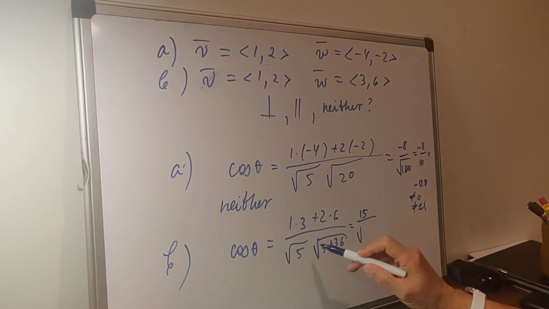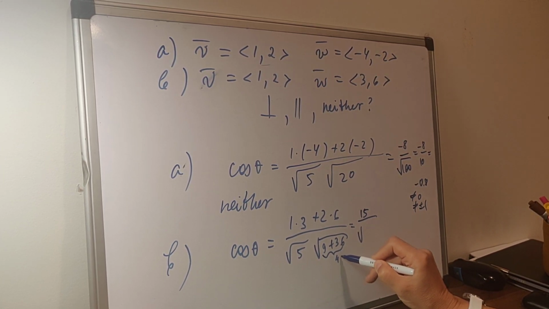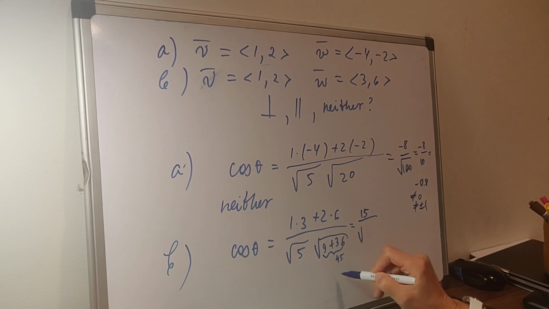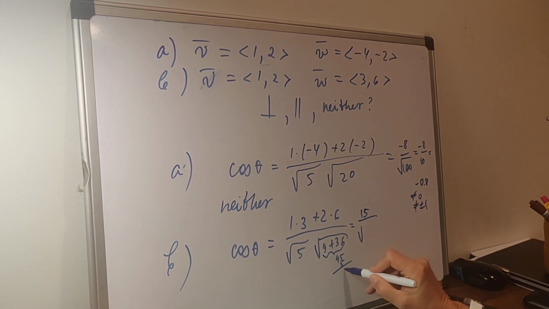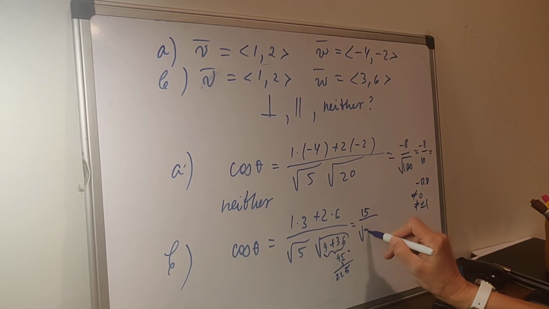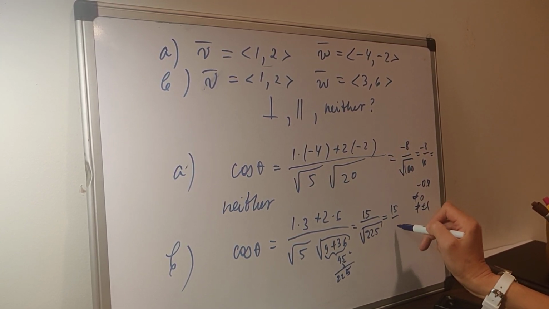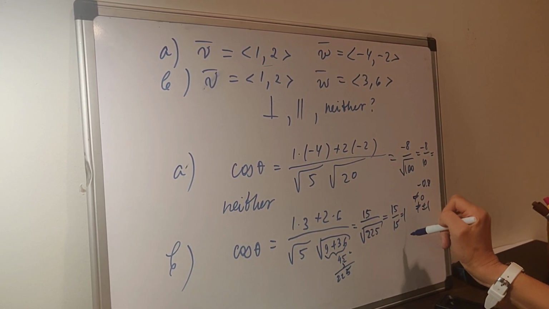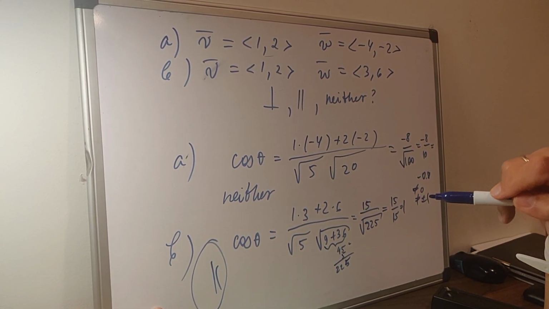In the denominator, 5 and 45, and 5 times 45 is 225. So square root of 225 is exactly 15, so I'm going to have 1, and these two vectors are going to be parallel.